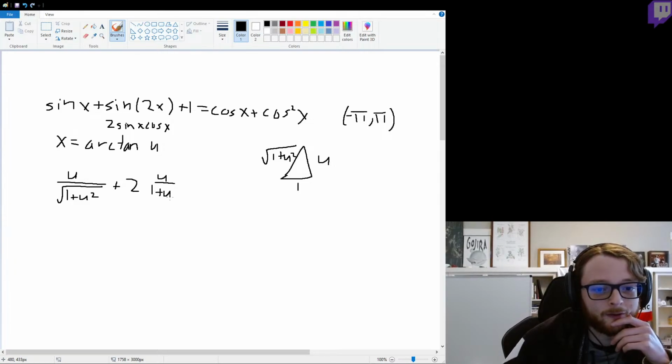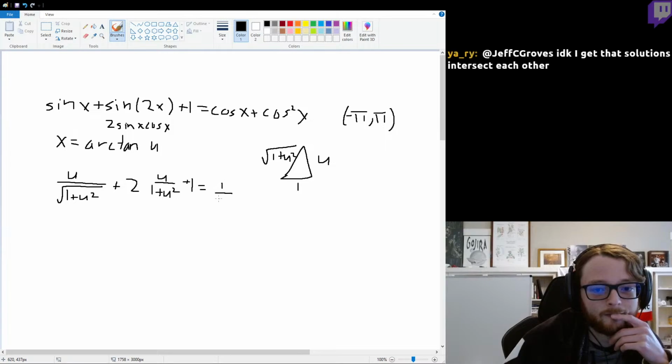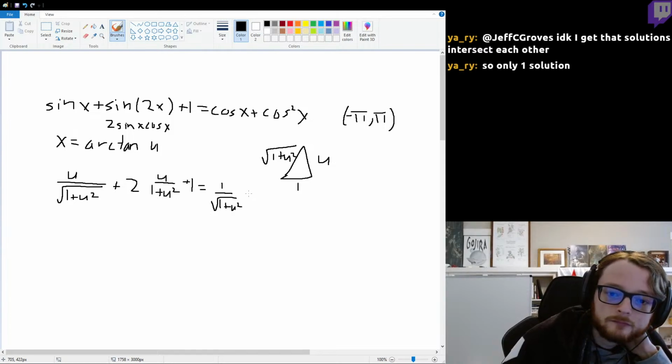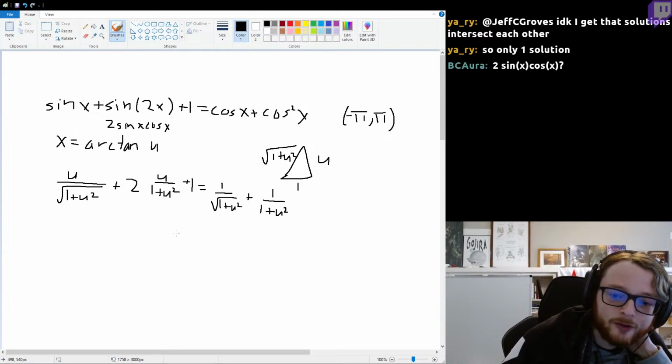It might just be my fault, though. You know what? This actually is not that bad. I'm gonna say it. Then the cosine x makes it hard to factor, I guess.